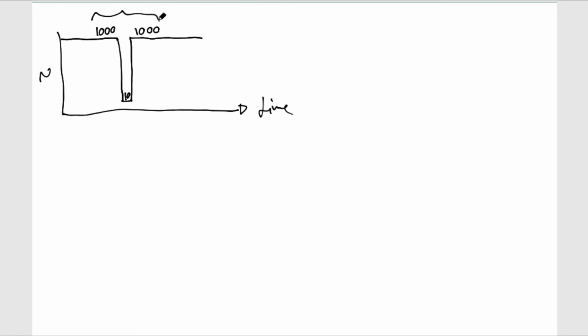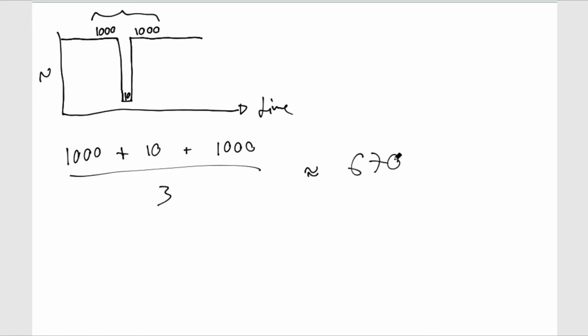Now, it's tempting here just to say, well, I have 1,000 individuals in this first generation, and then I have 10, and then in the following generation I have again 1,000. So the average of that is roughly 670 individuals, right? 2010 divided by 3, so roughly 670 individuals.